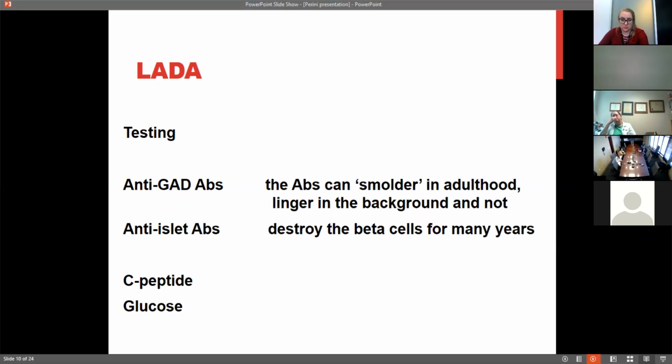You can check a C-peptide and a glucose level as well, but not all of the beta cells are expected to be completely destroyed right at the very first presentation. So you may still have some production of endogenous insulin, and so your C-peptide level may be a little bit high, but over the years that is expected to go down to 0. So next slide.